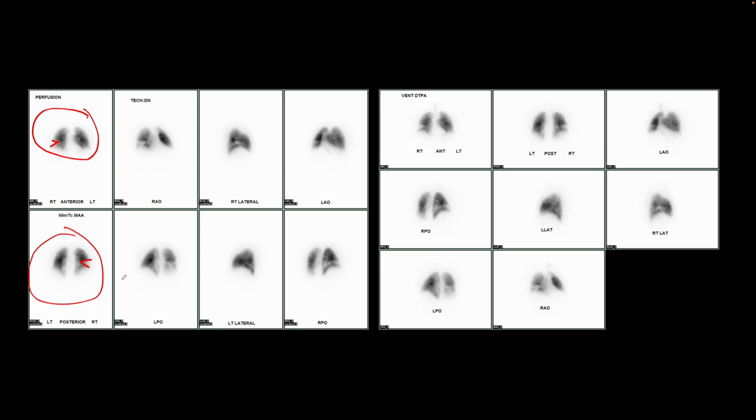Here the technologists performed the DTPA the same day, and they put about 25 millicuries in the nebulizer and performed the ventilation, and these are the images.